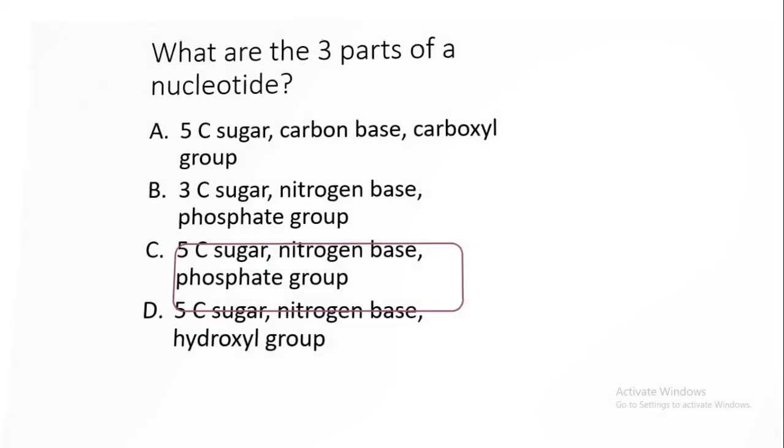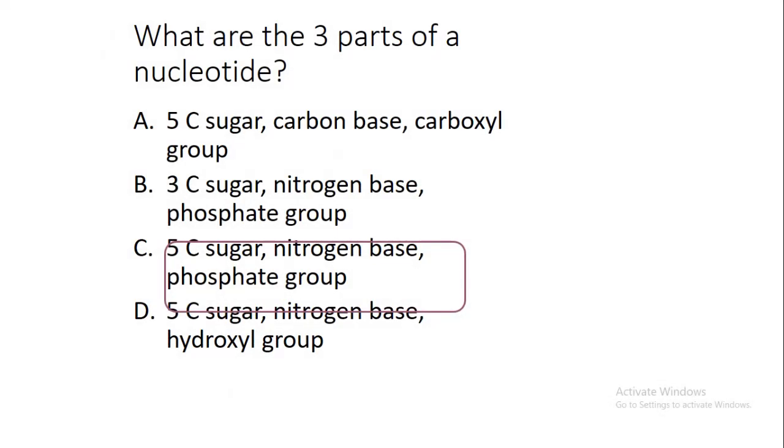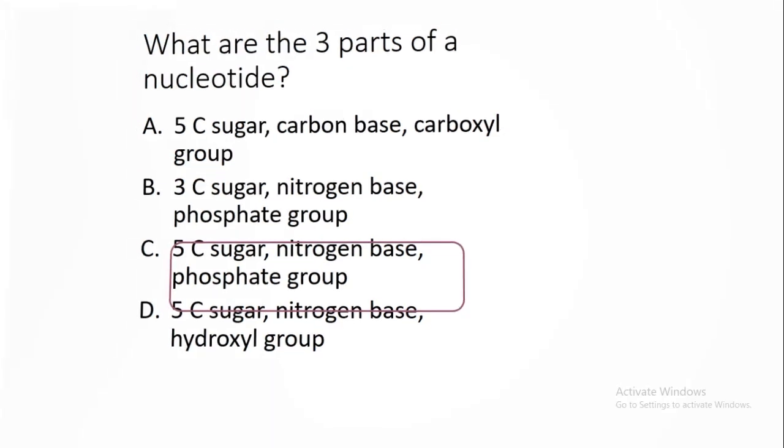Okay. Now, this is how you shine. But B is not correct. It is a 5-carbon sugar, meaning there are five carbons, it is a pentose, meaning it is not a furanose. That's why that 5 is there, not 3.